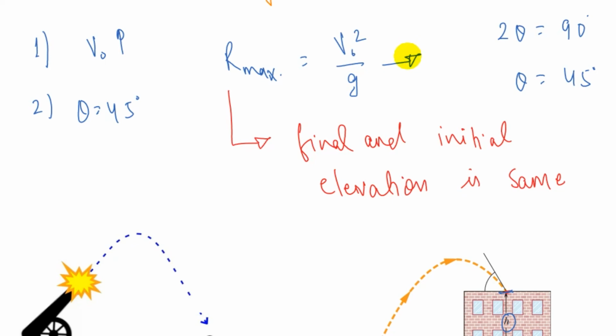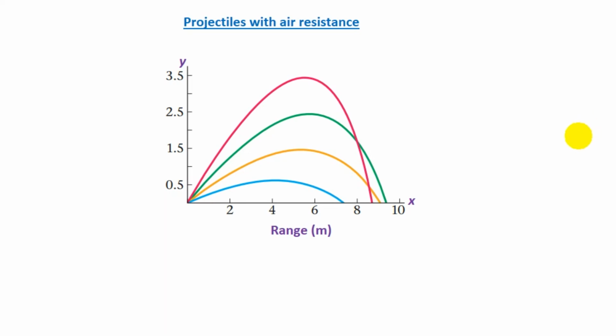Now let's discuss what would be the effect of air resistance. In a case where air resistance is significant, for example the flight of a rapidly moving golf ball, the maximum range does not occur at theta equals 45 degrees.